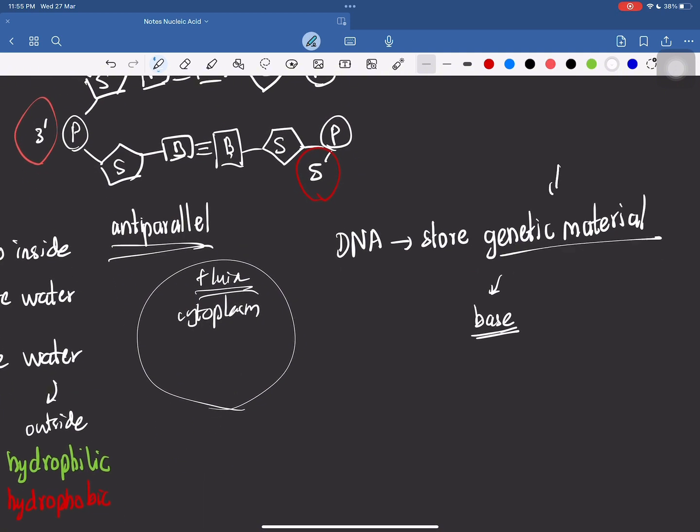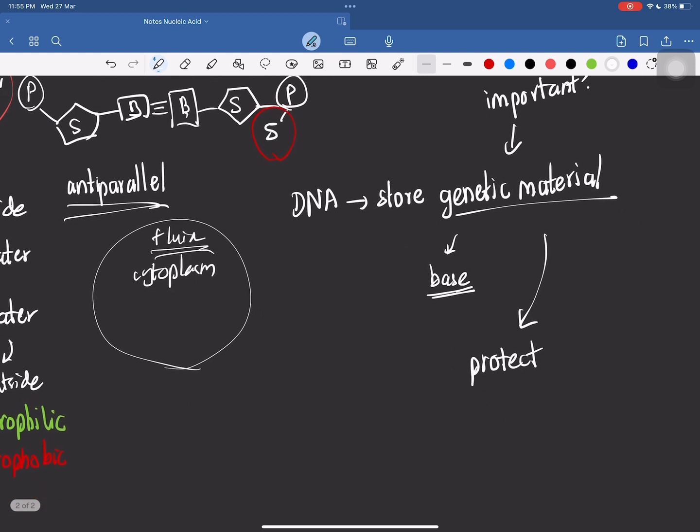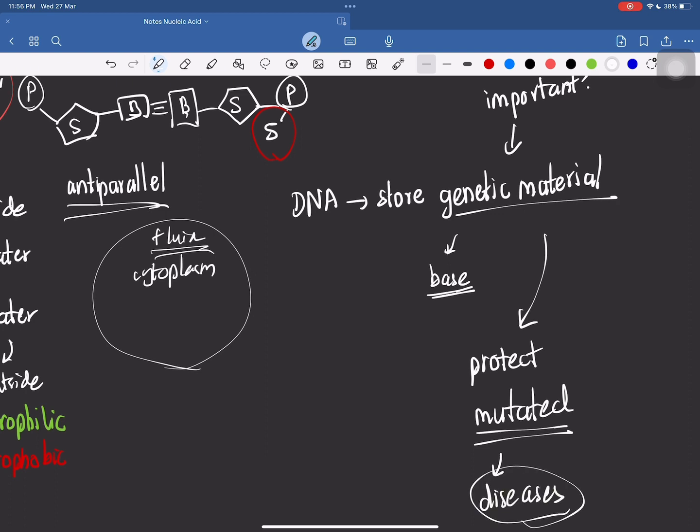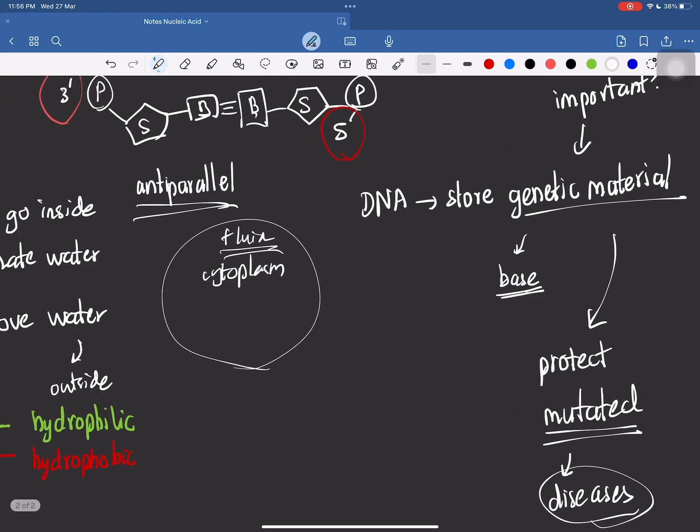Genetic material, are they important? Yes, of course, we have to protect them and prevent them from being mutated. Once they are mutated, there will be diseases, which we don't want. So it has to be fully protected.